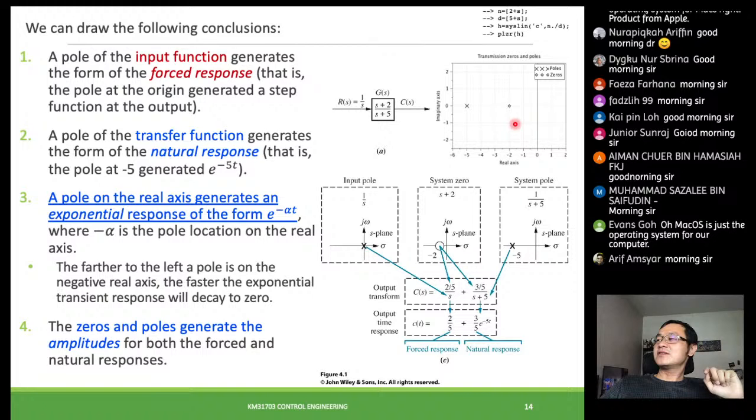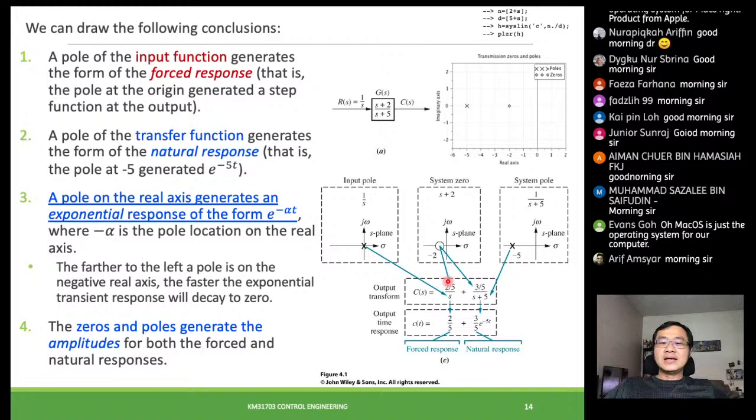Whereas this input will give us an input pole, since this represents 1 over s. So what it tells us is that from these combinations of zeros and poles, this zero will affect the value at the top, the numerator part.